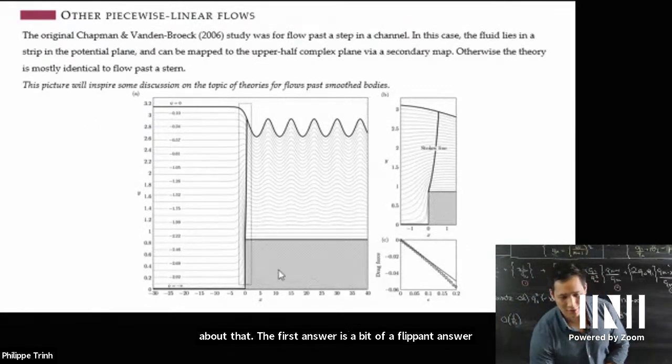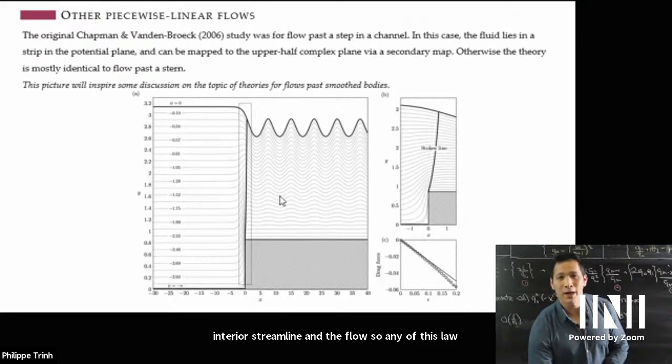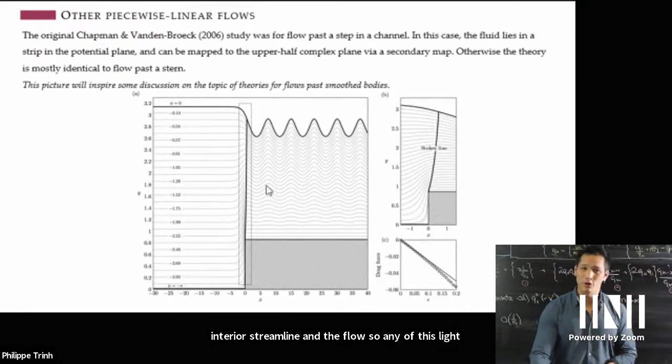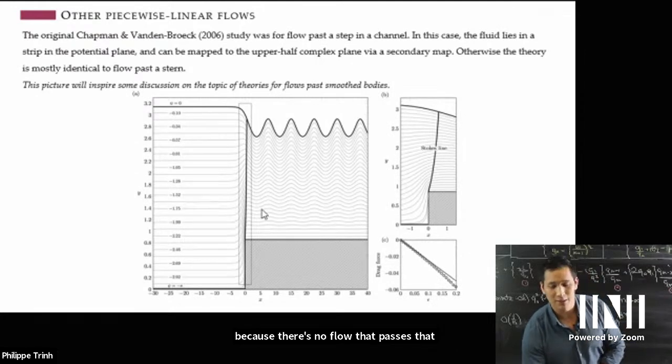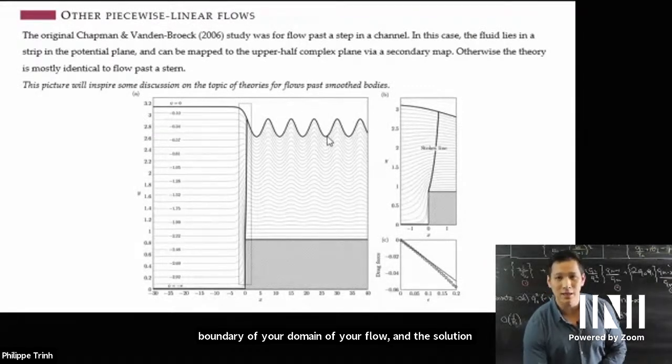So I look at this configuration, and this is for flow over a rigid step. Now I know that I can look at any interior streamline of the flow, so any of these light gray lines, and because there's no flow that passes that streamline, I can imagine that streamline is itself the boundary of your domain, of your flow. And the solution that you've predicted has to be the same, it must be.